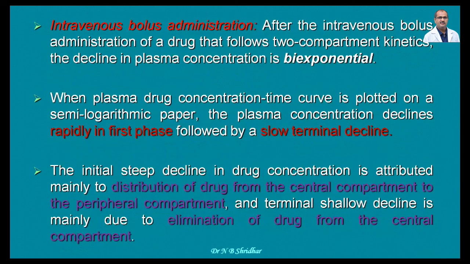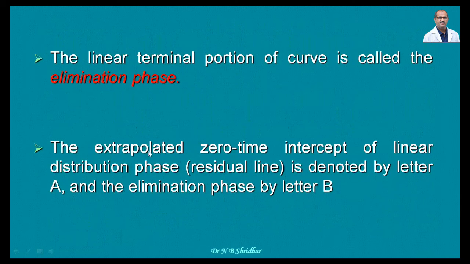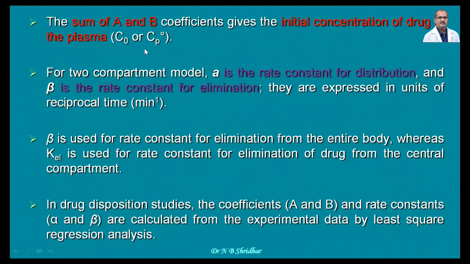In any of these models, the absorption phase is eliminated, because we give the drug by intravenous bolus administration. The sum of the distribution and elimination coefficients gives the initial concentration of the drug in the plasma, C0 or Cp.